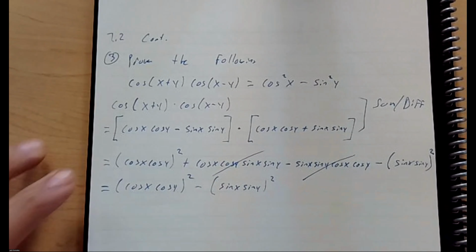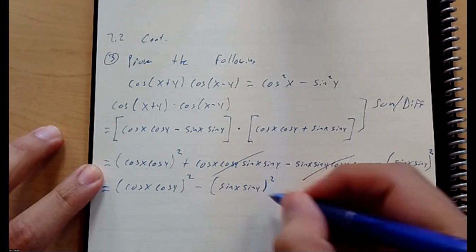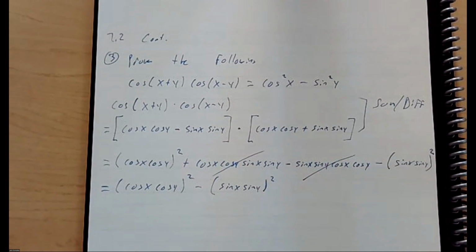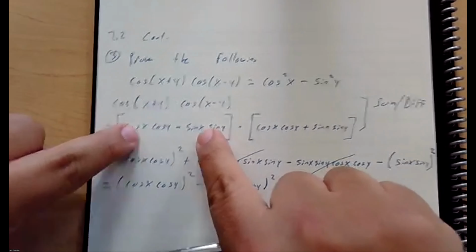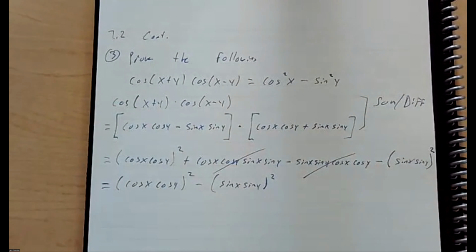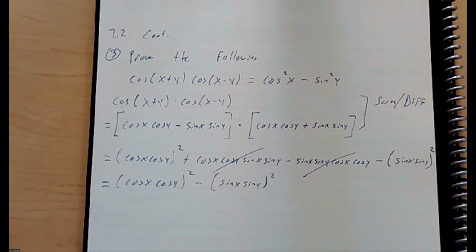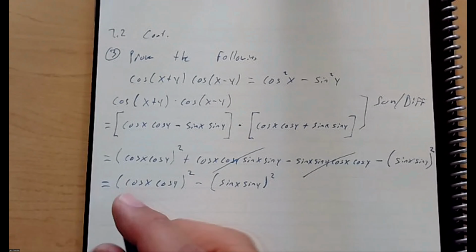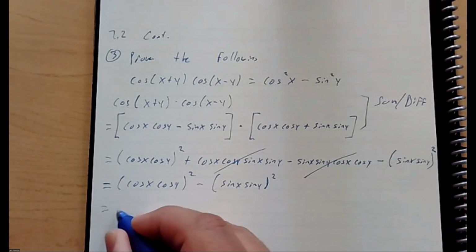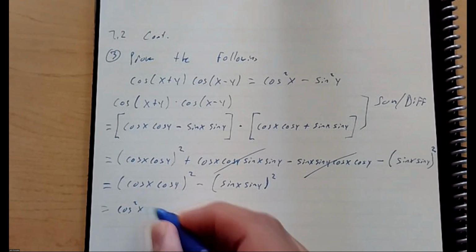Does that make sense? You see how this is a plus b, or a minus b and a plus b? So you could have jumped straight to here. So the middle step is unnecessary. Go ahead and square this nonsense though.